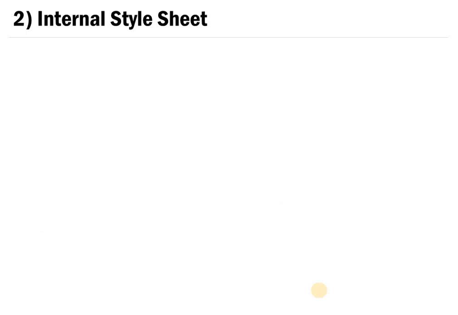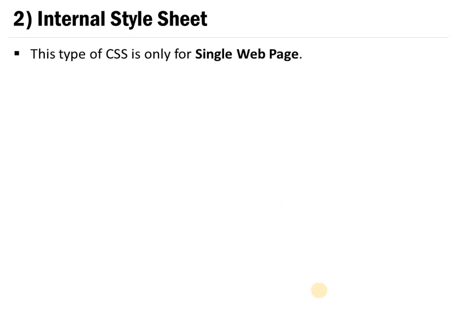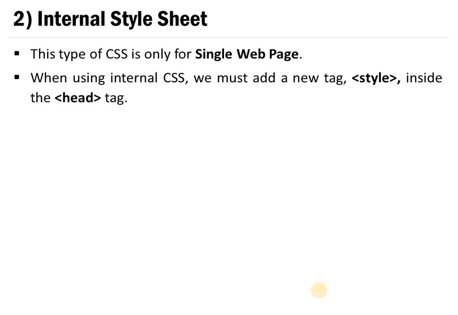Now, internal style sheet. This type of CSS is only for a single web page. Why? Because for this CSS, you must add a new style tag inside your head tag. I have shown you that the head section includes the metadata of your web page.